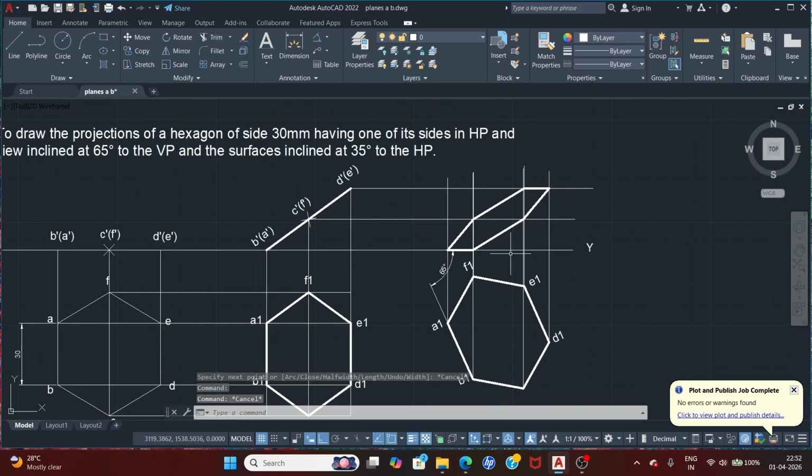While drawing the sixth case diagram, you need to zoom the projection lines carefully with respect to B1, F1, C1, E1. Then you have to draw the lines.